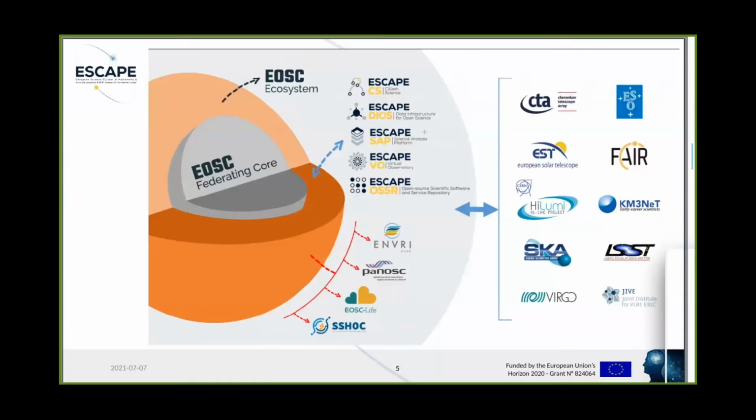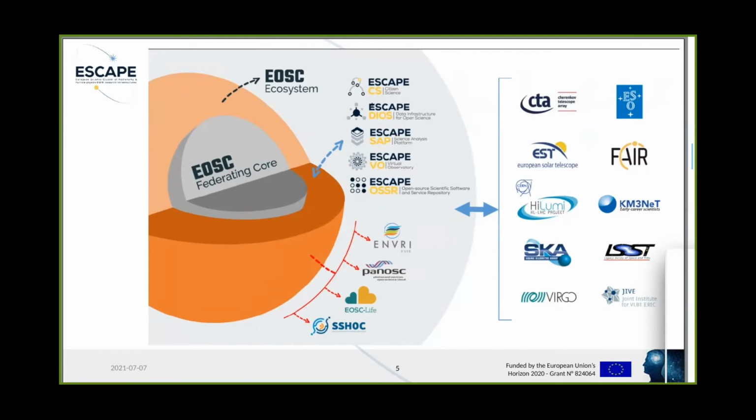ESCAPE itself doesn't exist in a vacuum. It's part of the EOSC infrastructure, and I'm not going to say too much more about EOSC, but the interesting part here is that ESCAPE itself is split into 6 work packages. 5 of them are listed here. These are different focuses of scientific research and the work that people do.